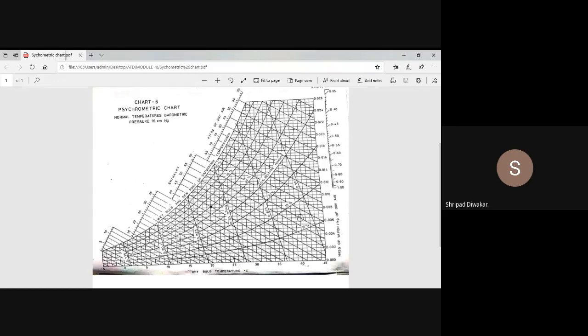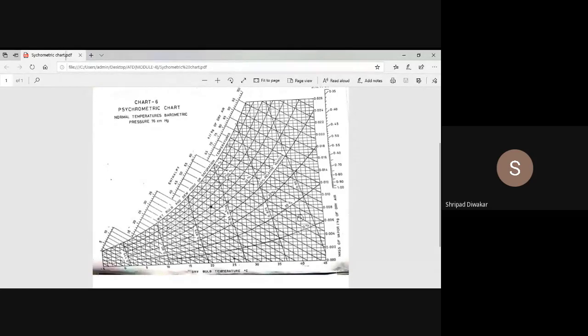From the beginning to the end, all the inclined lines are the wet bulb temperature lines. The first are the dry bulb temperature vertical lines, the second are the horizontal specific humidity lines from right to left, and the third are the inclined wet bulb temperature lines.